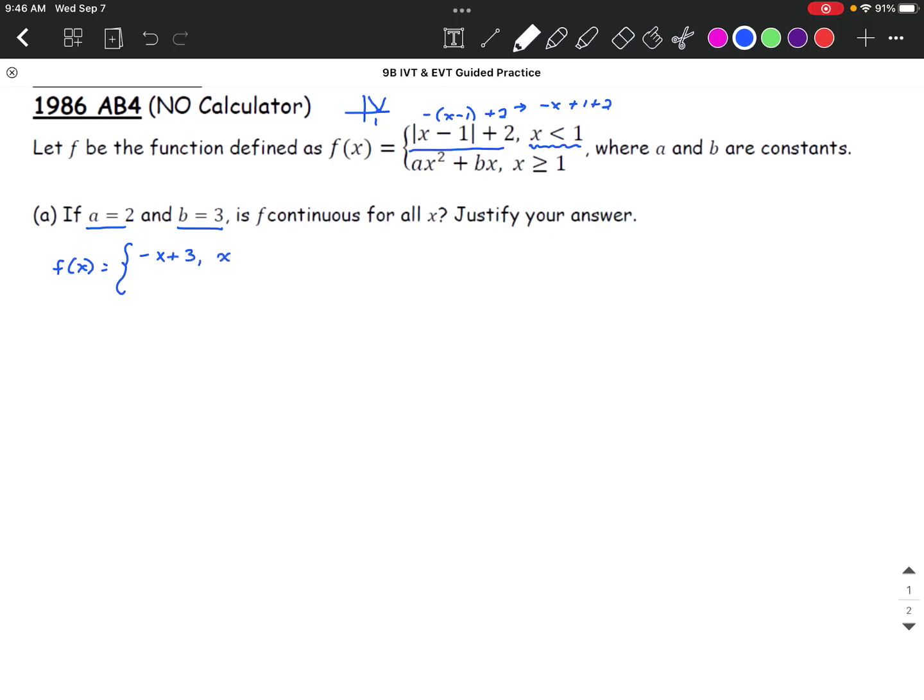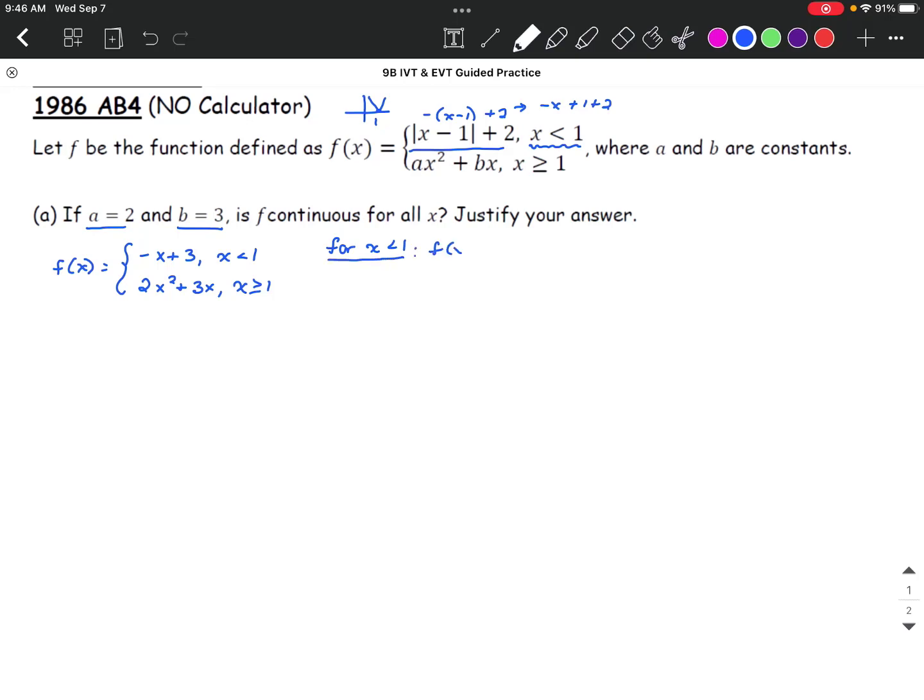That's when x is less than 1. Now the bottom piece is where we have the a and the b. So it's 2x squared plus 3x, and that's for when x is greater than or equal to 1. For the x's less than 1, we have negative x plus 3.